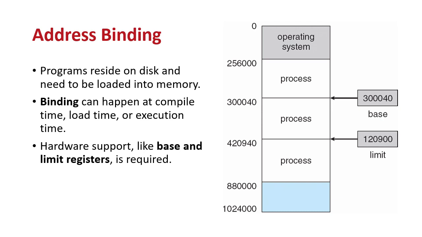On the other hand, load time binding generates relocatable code when the memory location is not known at compile time. Execution time binding allows for delayed binding until runtime, especially when a process can be moved between different memory segments. Hardware support, such as base and limit registers, is required for effective address mapping.